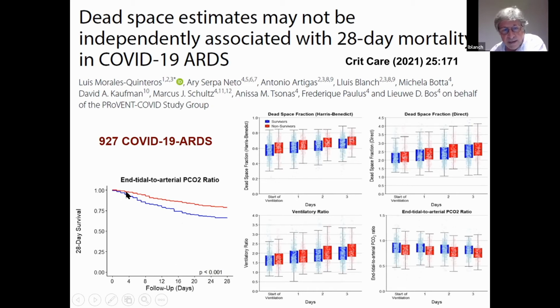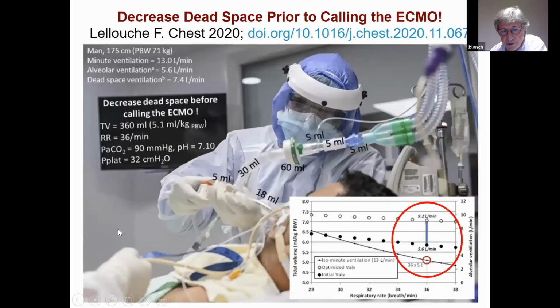However, when end-tidal as a function of arterial CO2 was analyzed, it was a predictor of survival, as you can see here. So again, end-tidal as a function of arterial CO2 reflects shunt and dead space alteration because it combines both. So it is interesting because it was significant in that paper.